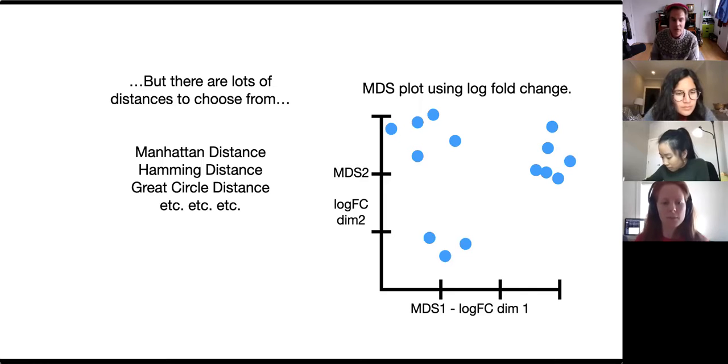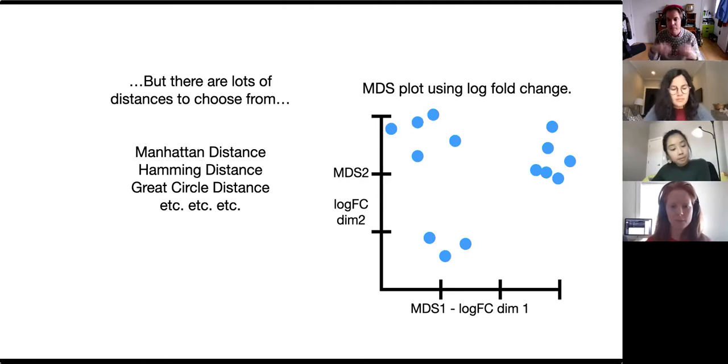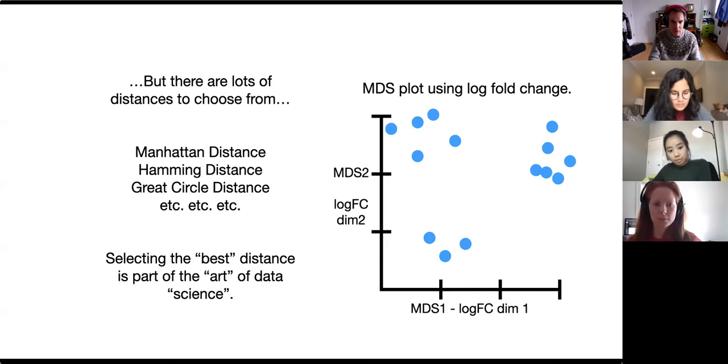So there are different distances for different areas of expertise. One thing that's nice about MDS is that it allows you to use those distances in a PCA-like way. And to be honest, there's no rule for how to select the best distance, and that's part of the art of data science.